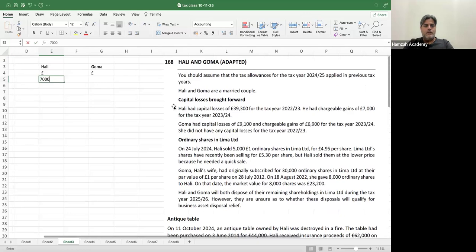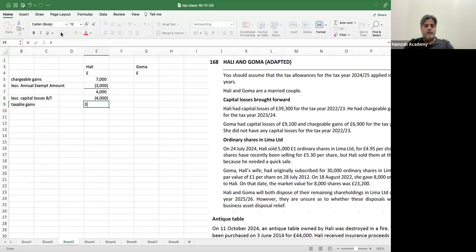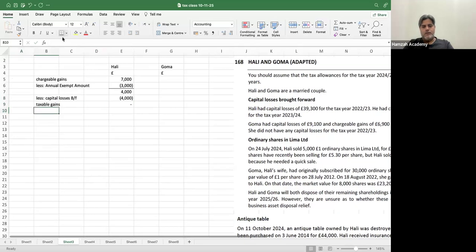So this is chargeable gain less annual exempt amount of 3,000, so I get a balance of 4,000, less capital losses brought forward. We are just going to use 4,000 of the losses brought forward, so my taxable gains are going to be 0.